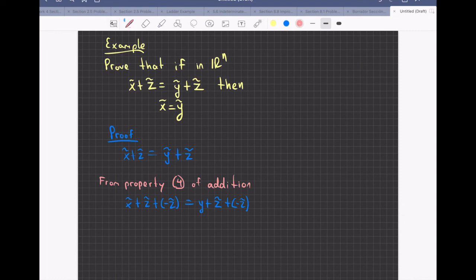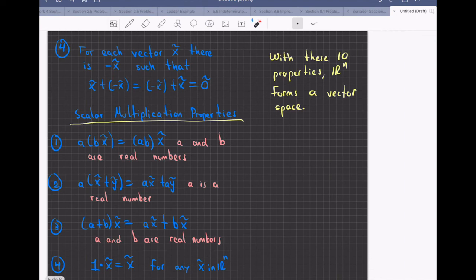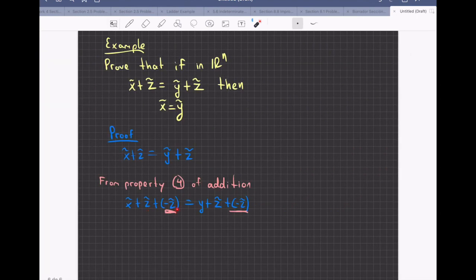How do I know that I can do this? Because of this property. Property number 4 says that always for any vector, there is an element, its reciprocal with respect to addition, or its inverse with respect to addition. Any vector has that. C is a vector, so it has that. Now, what do we know? C plus negative c is what?